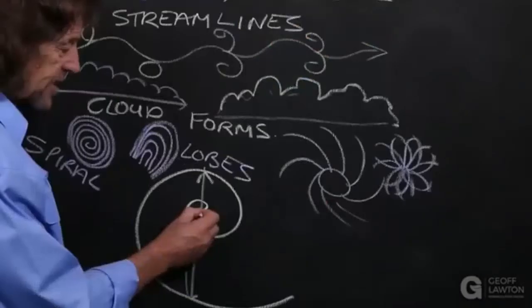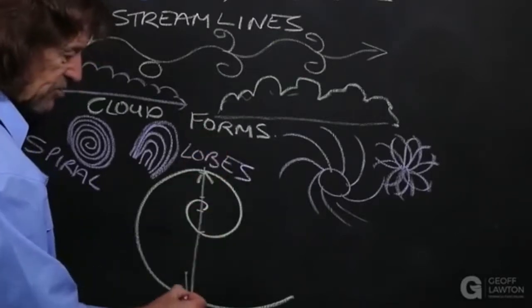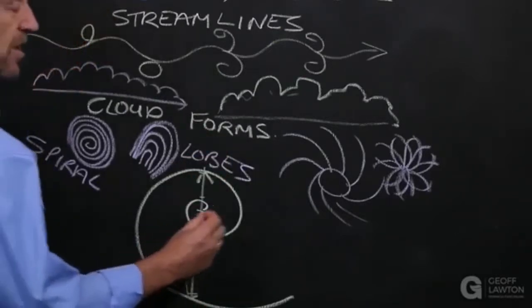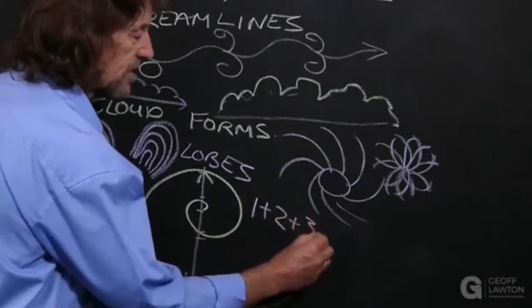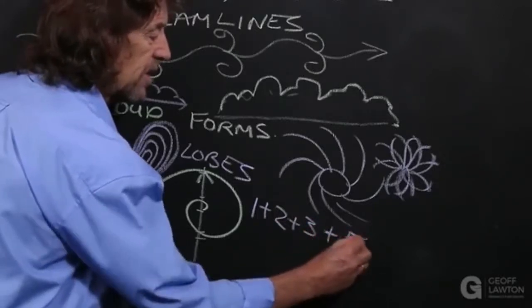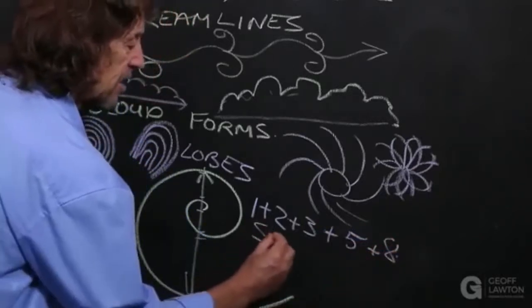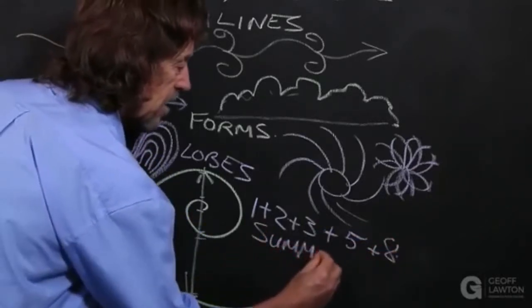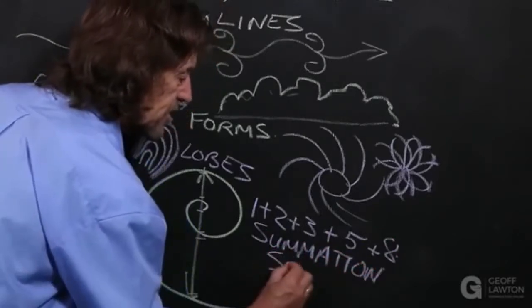And when you add up these distances across, taking a section straight across the growth spiral, you find it's 1 plus 2 equals 3, 2 plus 3 equals 5, 3 plus 5 equals 8. It's a summation series.